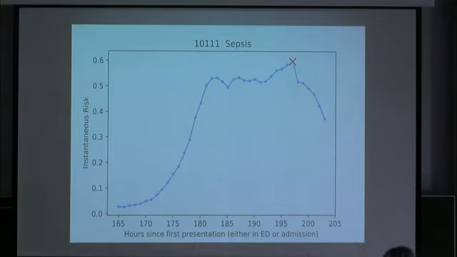The red X, the red cross, is when this patient met the clinical definition of having sepsis in the emergency department. And the blue line is what our algorithm predicts is the likelihood of having sepsis for this particular patient. So I guess this is really just a demonstration of why you want to be able to use methods like these instead of having these random clinical definitions and waiting until the person meets the clinical definition.